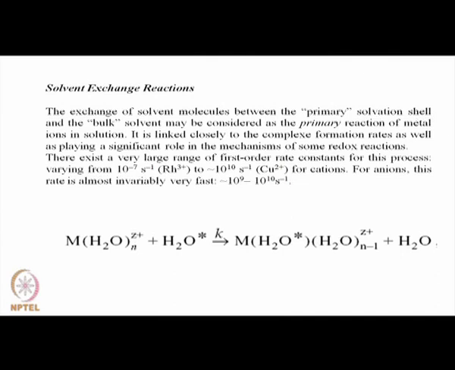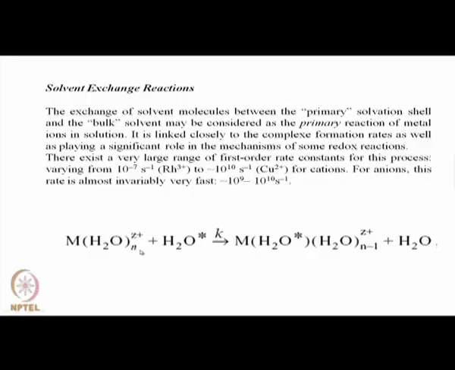Okay. So, the reaction is M(H2O)n^Z+ plus water. The water marked with a star means it is in the bulk water, with a rate constant of k, giving rise to M(H2O)(n-1)(H2O*)^Z+ plus water. So, this unstirred water is coming out.